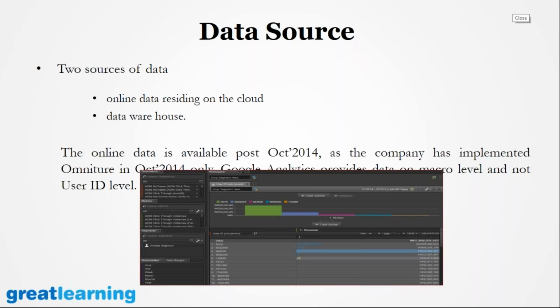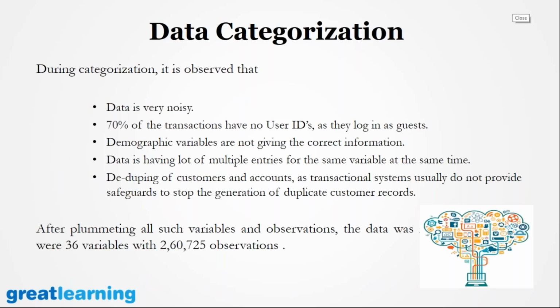They had Google Analytics, but it provides data at a macro level and not at the individual user ID level. So the data taken here was the data residing on the Omnichannel cloud, and data from the data warehouse, their regular data.